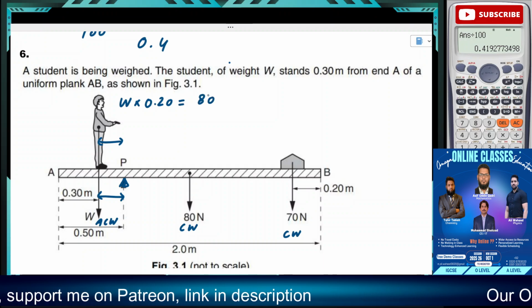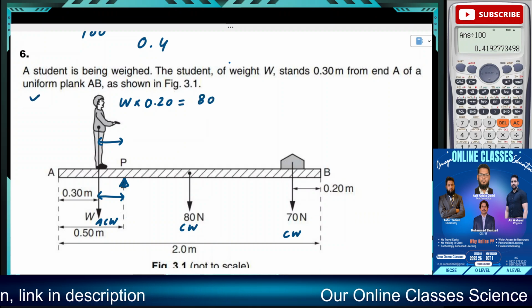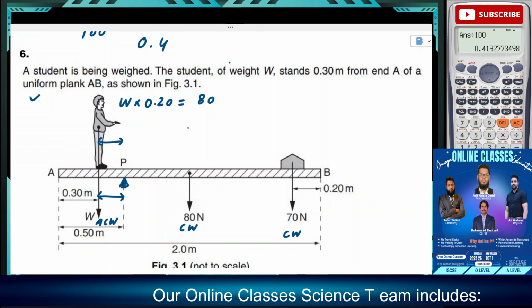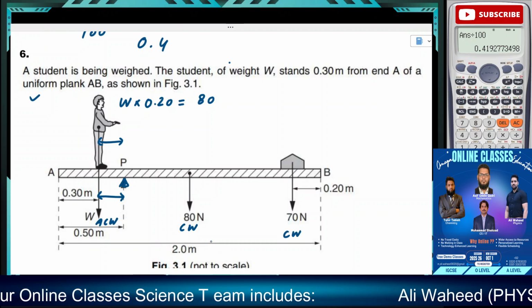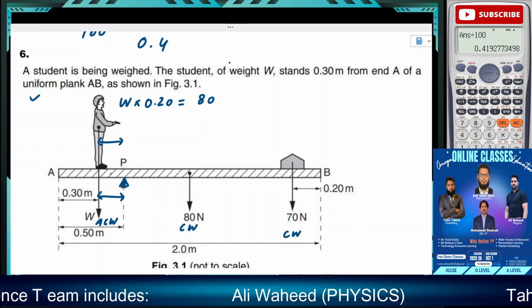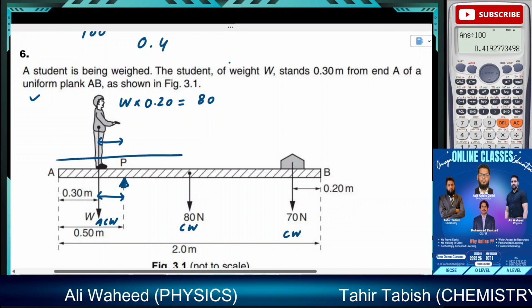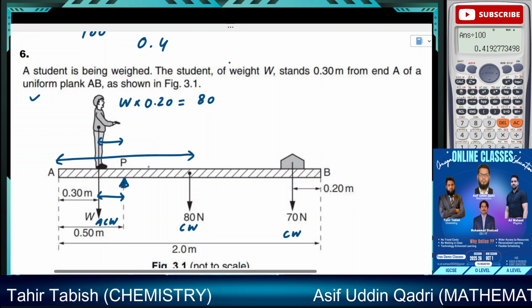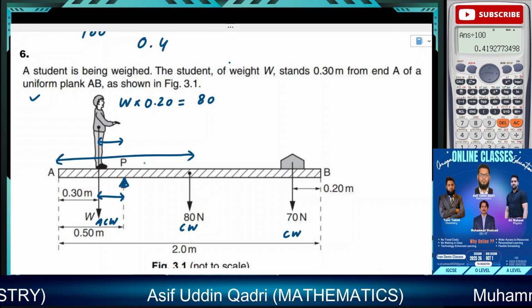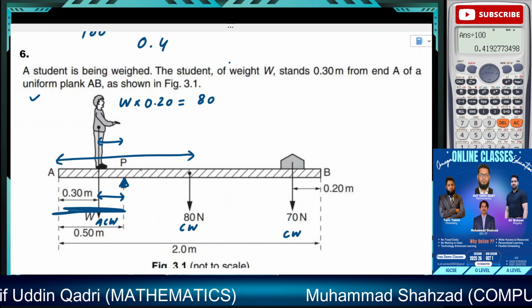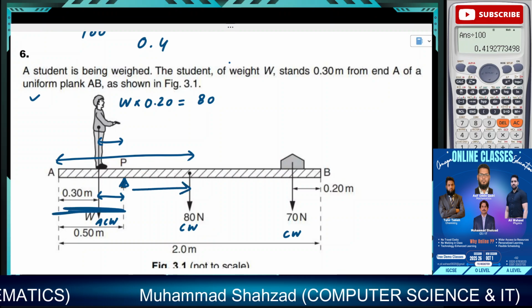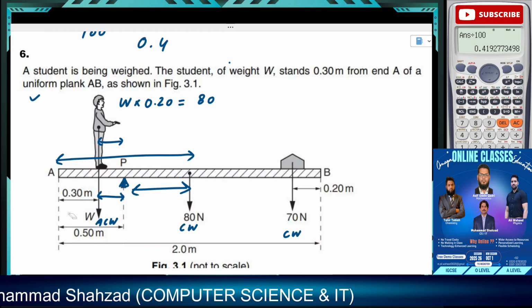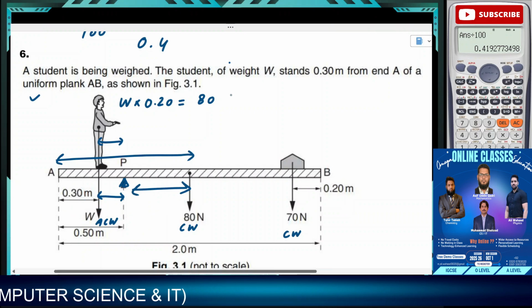The 80 N is the weight of the uniform plank, the total length is 2 meters. So the weight would act at 1 meter. But then the distance from the pivot would be 1 minus this one, 1 minus 0.5 would be 0.5.